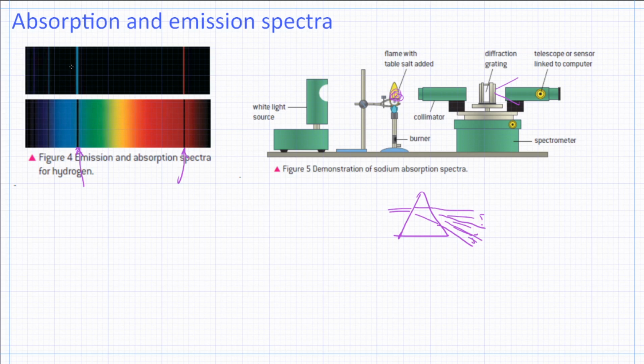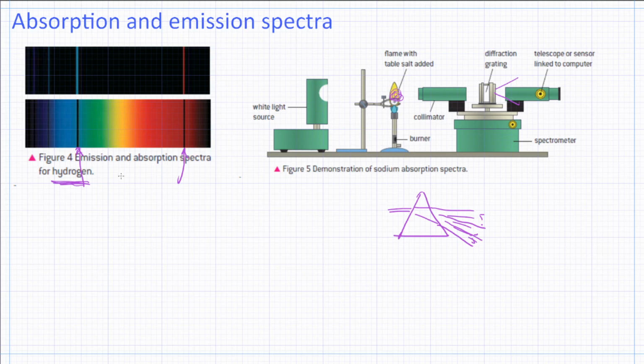If you look here on the top, those are the wavelengths which were absorbed. Those were the ones which went through. So this is what we call emission and absorption spectrum. This is specific for hydrogen, and the funny thing is, each substance will have a different one.